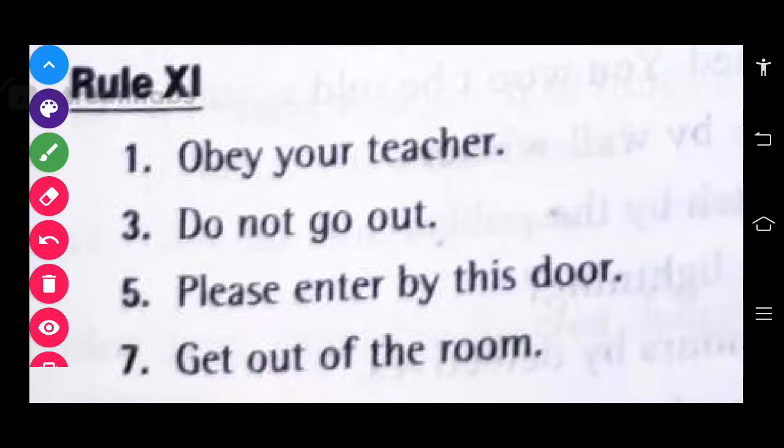Let your teacher be obeyed. You are obliged to obey, even in this way also, because it's a suggestion. Obey your teacher is not a command or an order; it is a suggestion. So you are suggested to obey your teacher. We can say like that. You are obliged to obey your teacher also, we can write it.